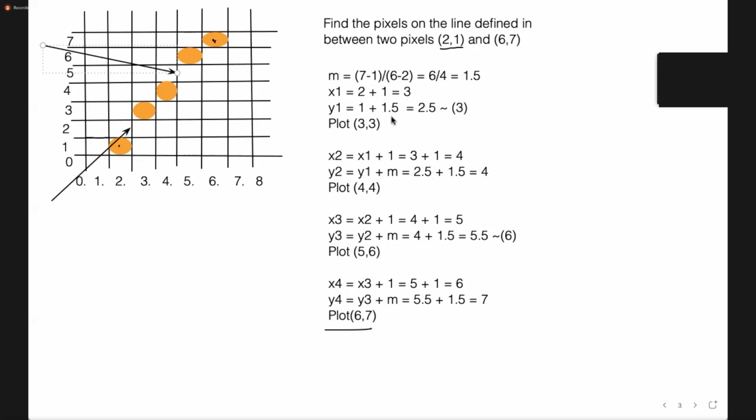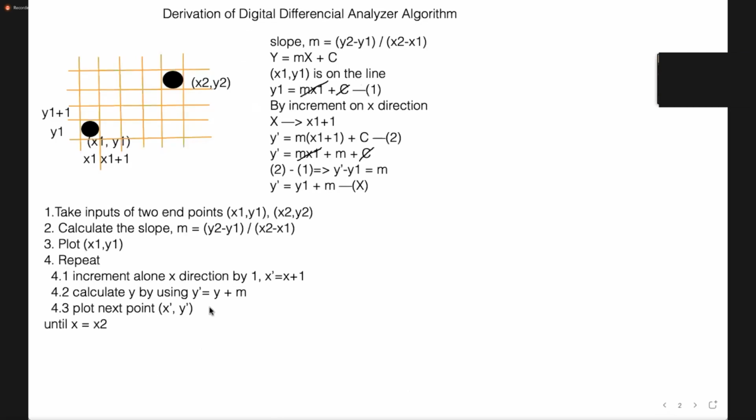How do we calculate the y value? We calculate the y value by adding m to the previous y value. This is the thing we are using, no?